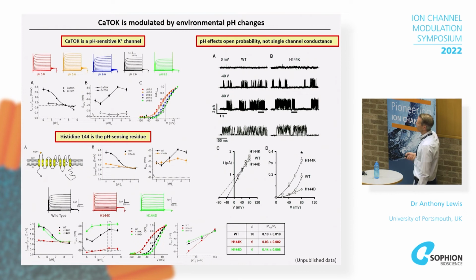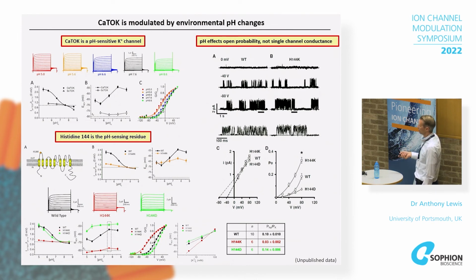And to cut a long story short, we identified a histidine residue here in the S1, S2 loop, a histidine in position 144. When you neutralise this, it largely removes the pH dependence of the channel. You can make unphysiological mutations, so if you change the histidine to a lysine or to an aspartate, you can recapitulate the effects of changing pH on the channel.